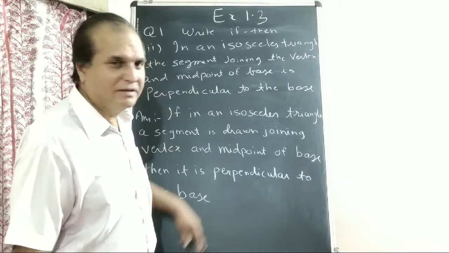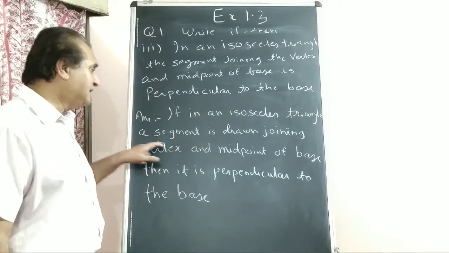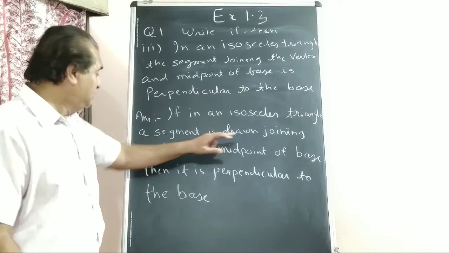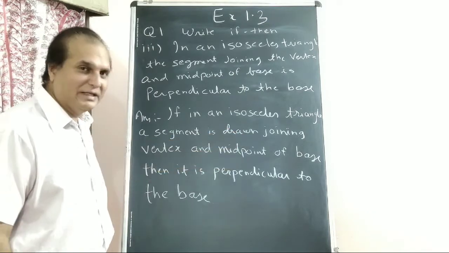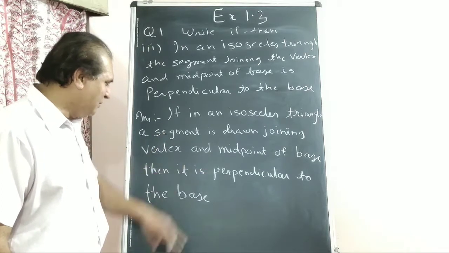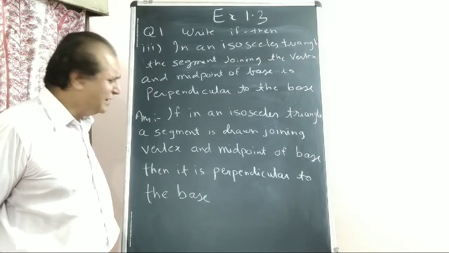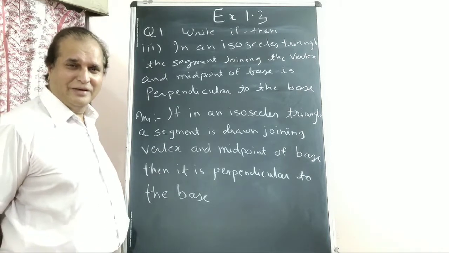This is a statement. We will change: if in an isosceles triangle a segment is drawn joining vertex and midpoint of base, then it is perpendicular to the base. Understood? Just English language. Okay.